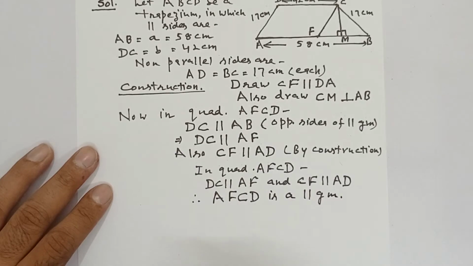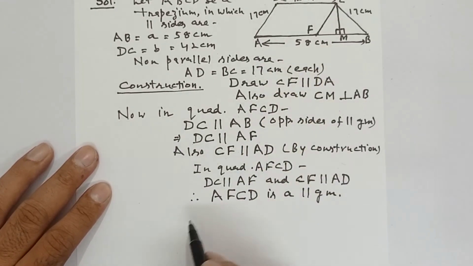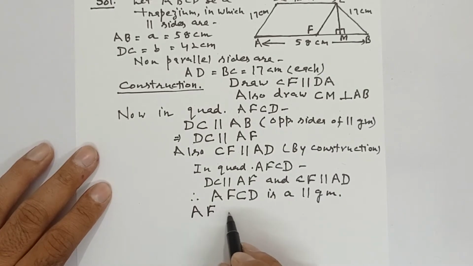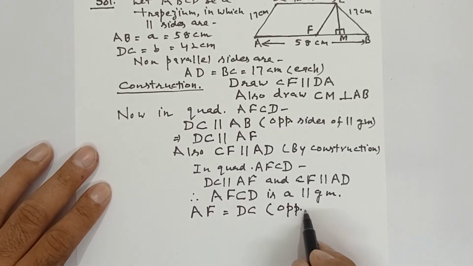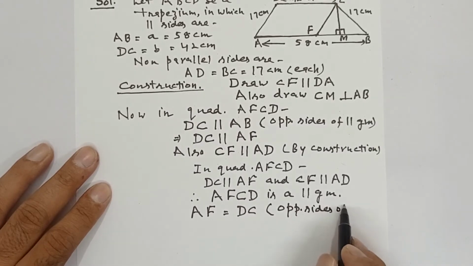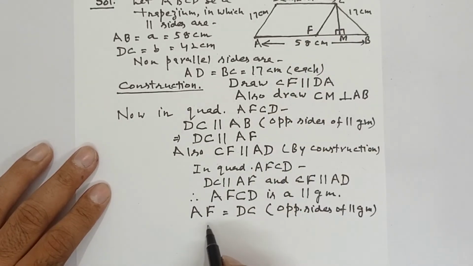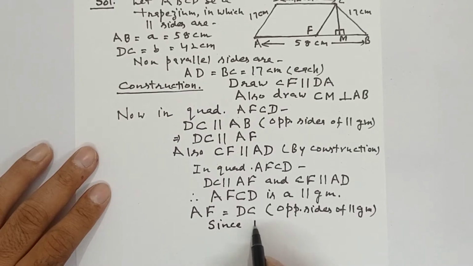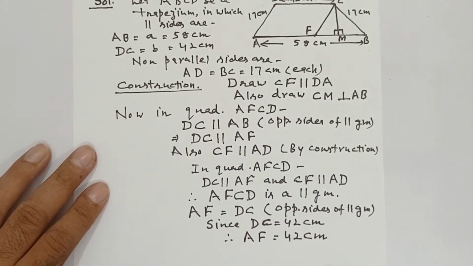Now, you know well that opposite sides of a parallelogram are equal. So AF will be equal to DC. AF and DC, so I will write here opposite sides of a parallelogram. So you already have DC. How much is there? DC is 42 centimeter. So AF will also be 42 centimeter because DC and AF both are equal.